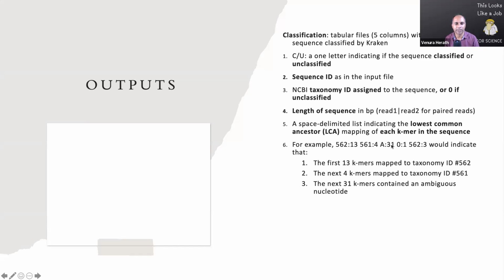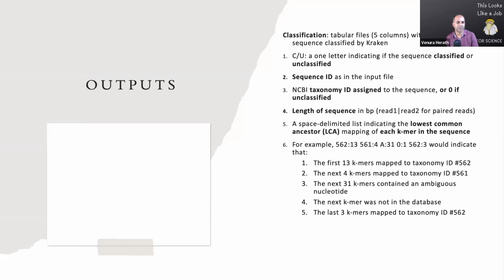So the remaining 31 map to ambiguous, and the next entry indicates those k-mers were not in the database we provided, followed by the last 3 k-mers, which mapped to taxonomic ID 562.